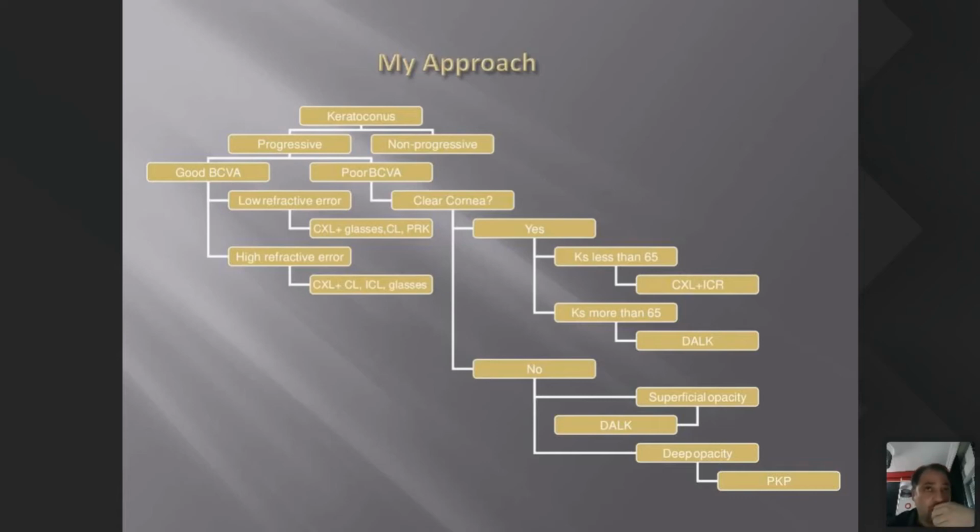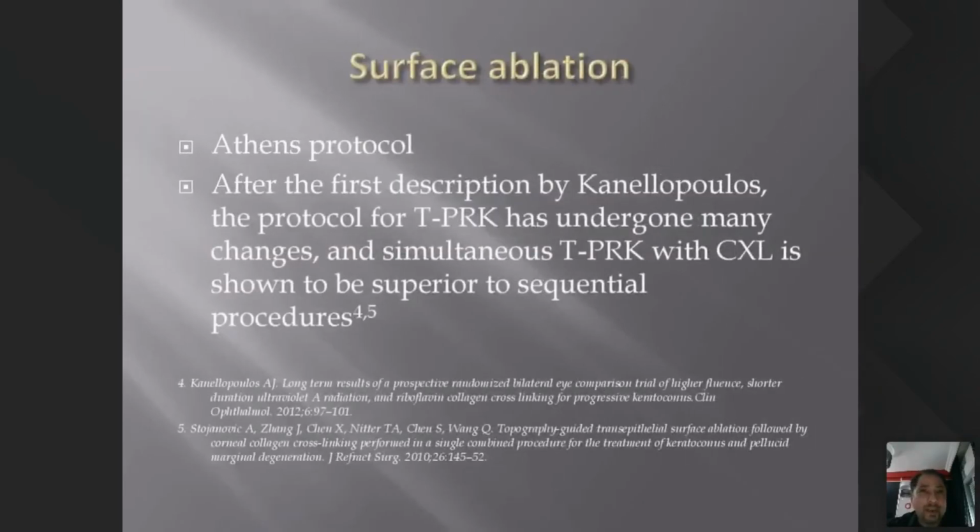And also we have the option of Toric ICL, which is again an off-label use, but there has been extensive literature on Toric ICL for keratoconus patients with good vision. And as I said, spectacles for high refractive errors are usually not the fair choice for the patient.